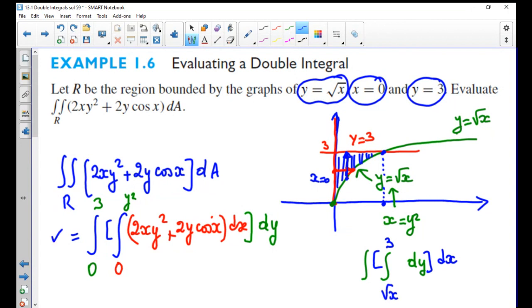So it's a little bit easier to do it with respect to x first.